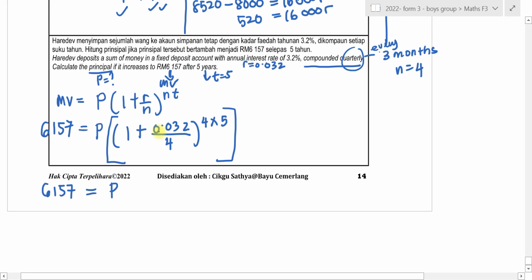So if you get something with very continuous decimals, what I advise is you write the working like this. You move the whole bracket. The whole bracket is multiplying with the P, so I divide here, equal to P. If you have an advanced calculator, you can key in this straight away.